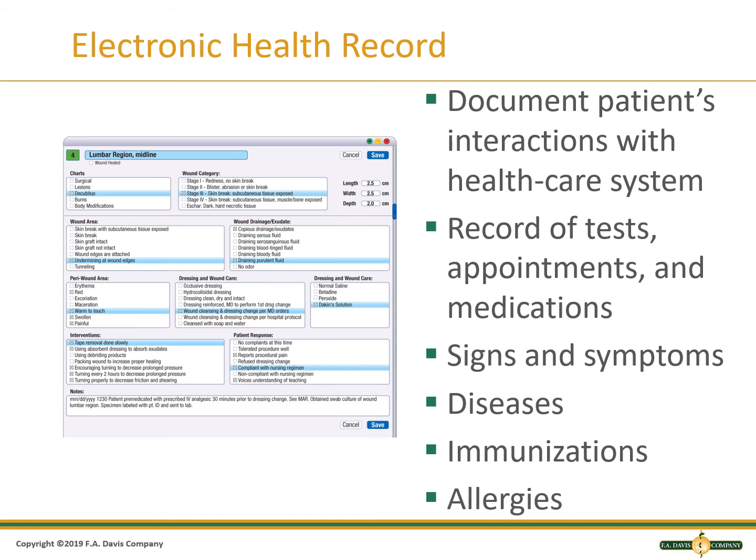One thing you want to be careful of with these checklists on the electronic health record: never allow yourself to fall into the trap of using one of the words or phrases available just because you're in a hurry and you don't want to take the extra time to go to the narrative section. Usually they will have a checkbox that says other so that you can type in your own response.